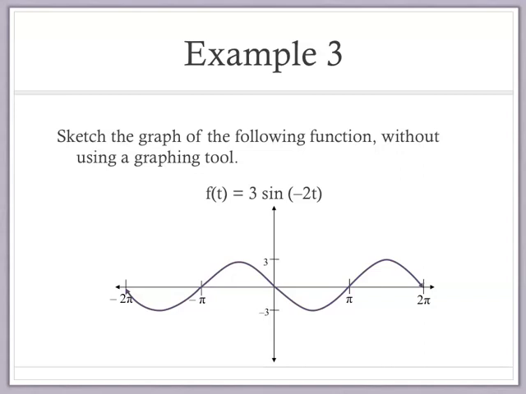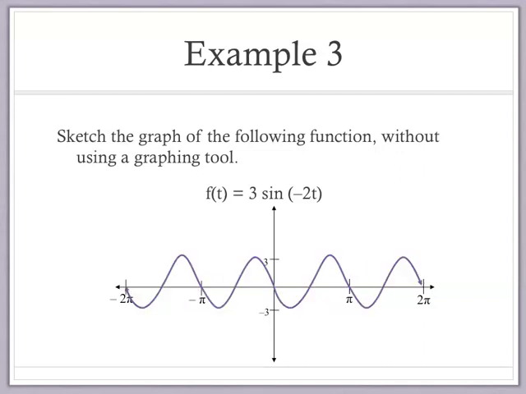So this is going to horizontally shrink it down. We're going to be able to fit twice as many cycles in the length of one of the original cycles. So if you start from 0, 0, instead of going out to the right to 2 pi to make one cycle, we're only going to go out to pi to create one cycle, and then from pi to 2 pi will be another cycle.